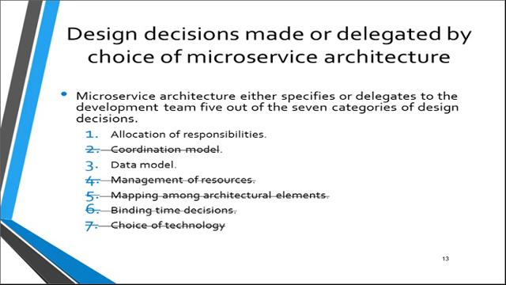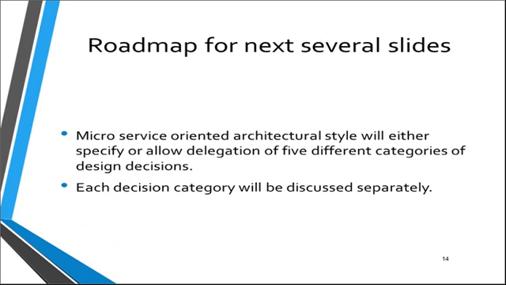Everything else is either delegated or decided by the architecture. So what I'm going to do is go through these categories one at a time and discuss how the architecture satisfies them or delegates them or requires coordination.